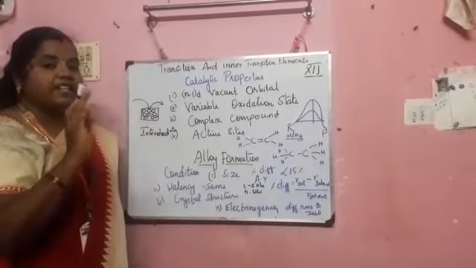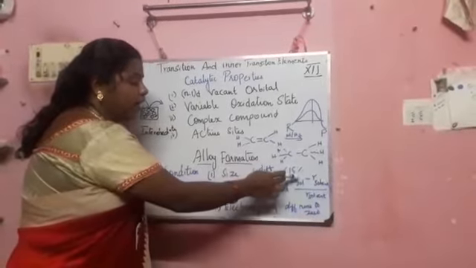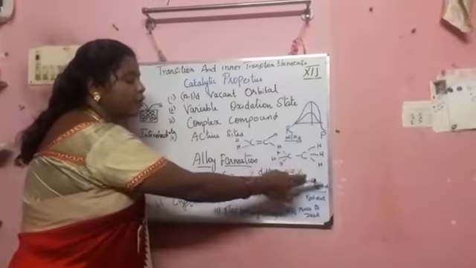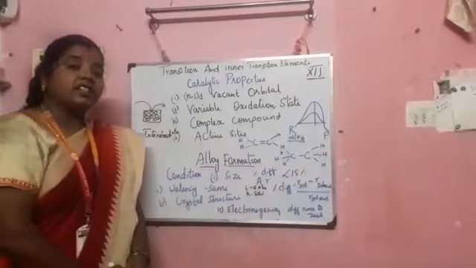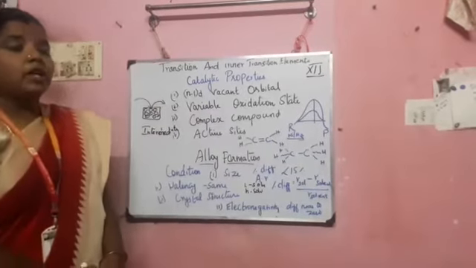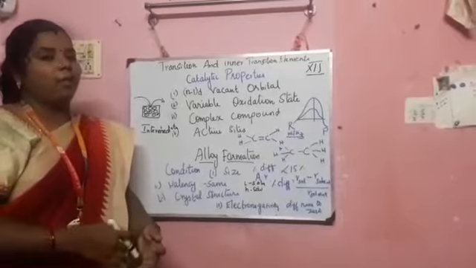Then how do we find the difference in percentage? First you have to find the radius of solute minus the radius of solvent, divided by the radius of solvent. You know how to identify the solute and the solvent? Usually in a solution, solute plus solvent forms a solution.